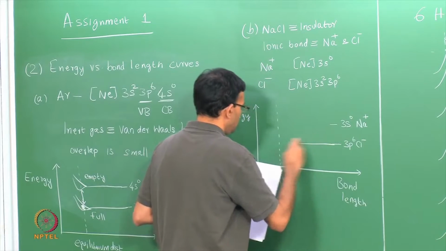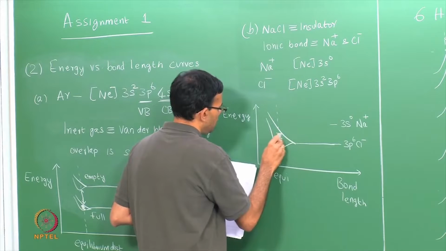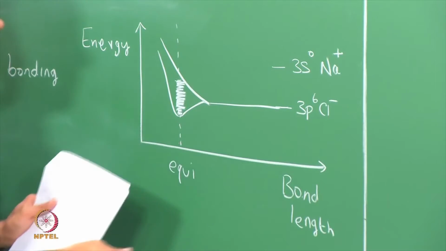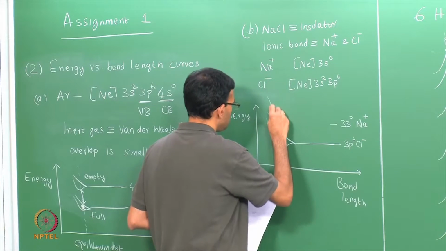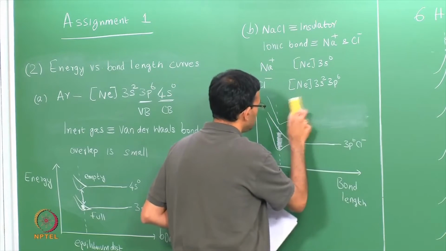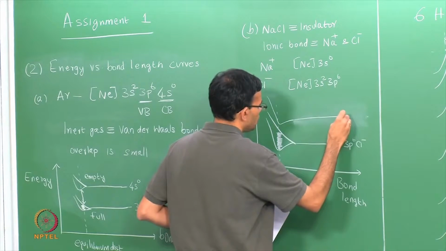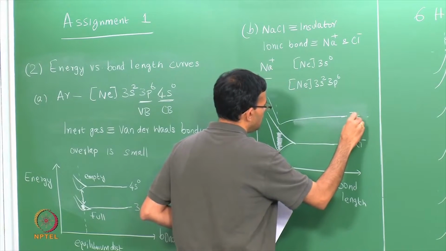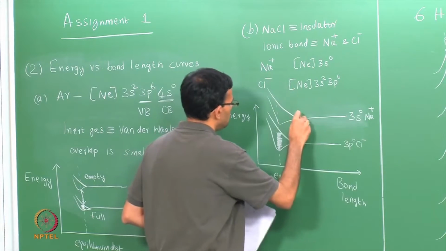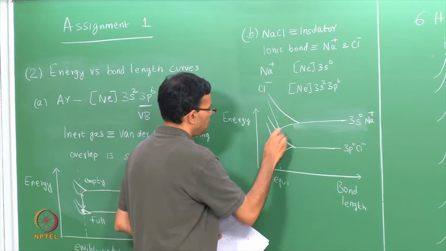Once again these come together to form a band. So, this is a band that is full because the chlorine level is full. In the case of sodium, let me just redraw this a bit. This is my 3s0 of sodium. You have a band that is empty, and once again you have a band gap.